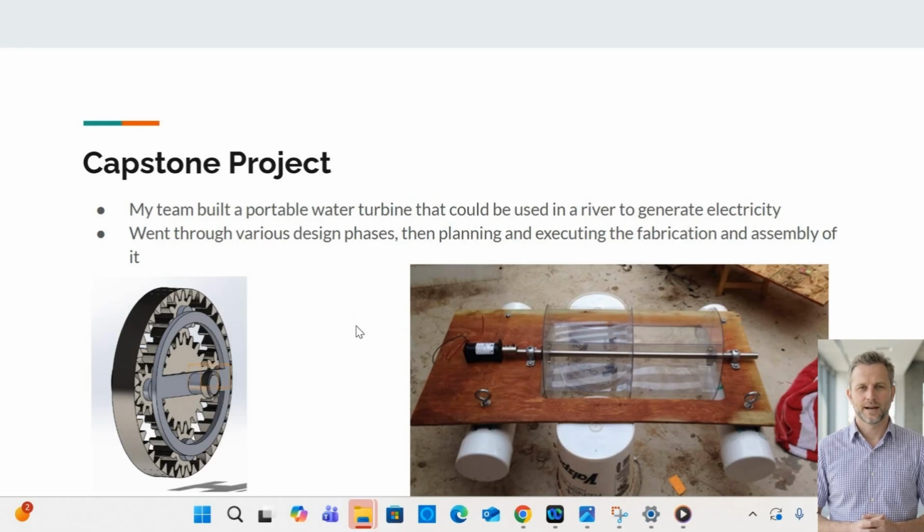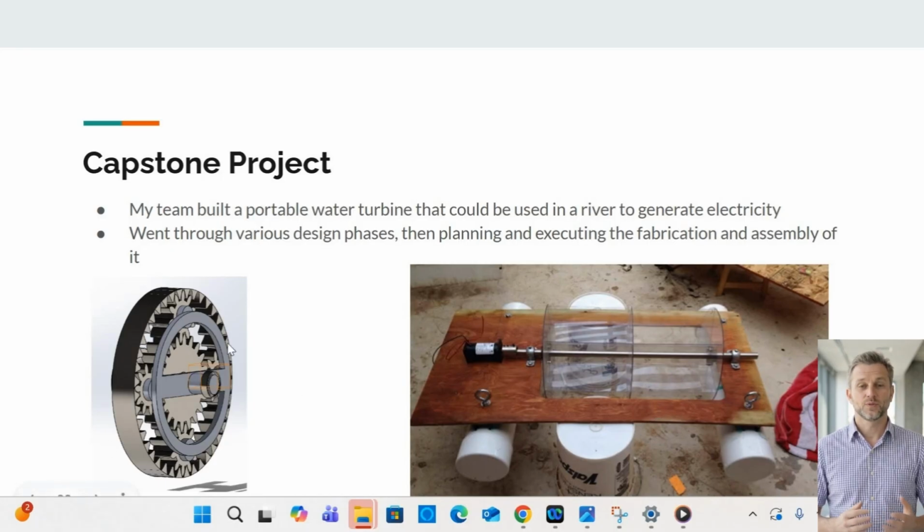And then also my team had our capstone project, which took the entire year, which in our case was a portable water turbine, where we took this big slab of wood, put a generator onto this shaft with a turbine on it that we could just put into a river and hope that it would generate some electricity.